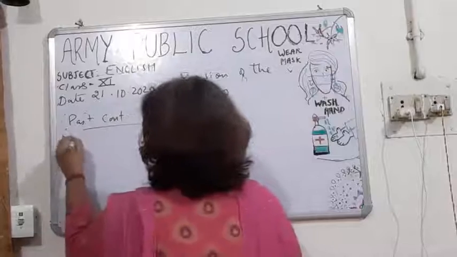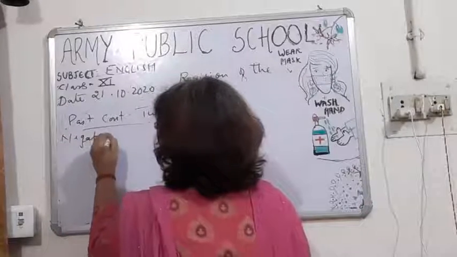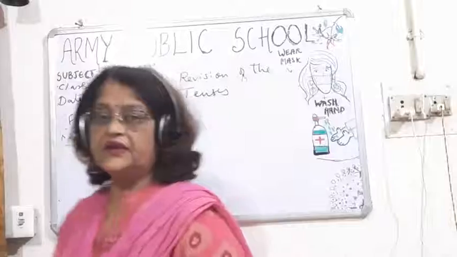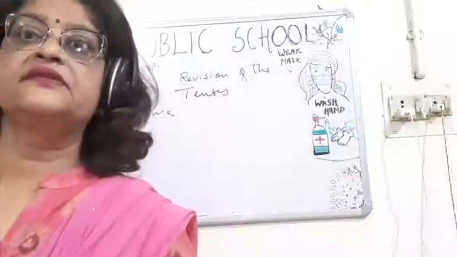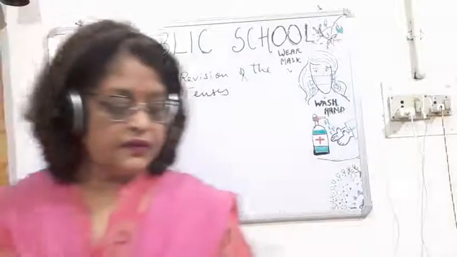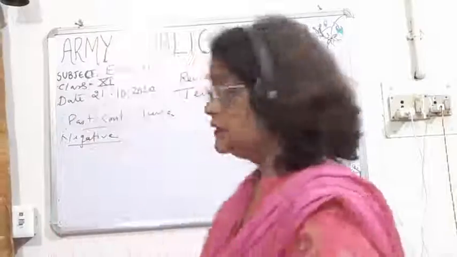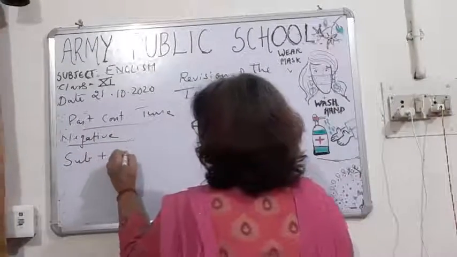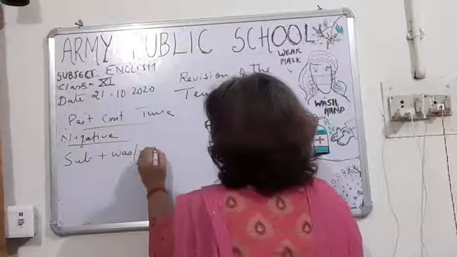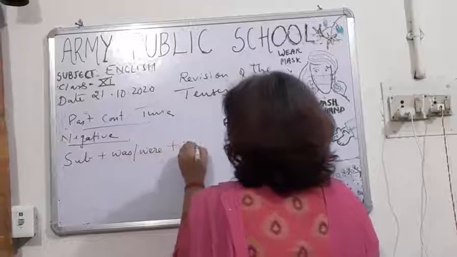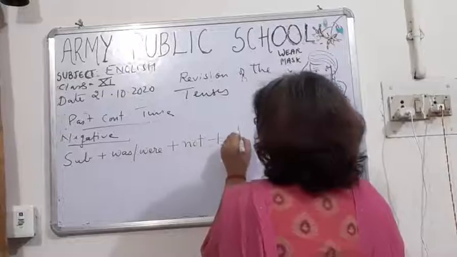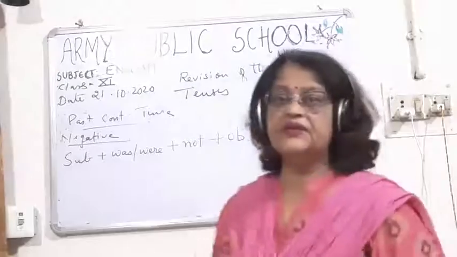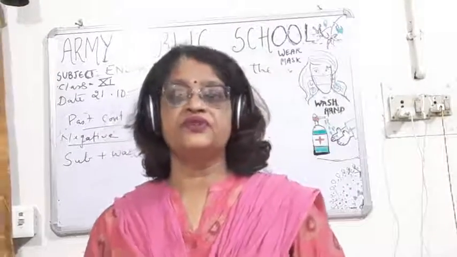Negative sentences. So subject plus was or were plus not plus V1 plus ing plus object. In negative sentence we all know that we use not here.